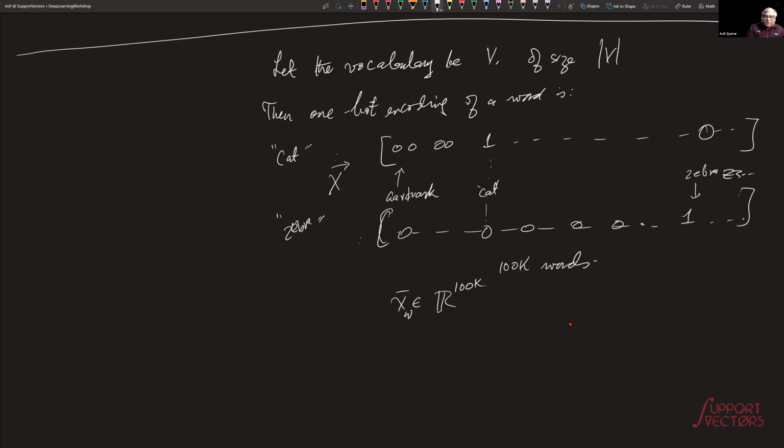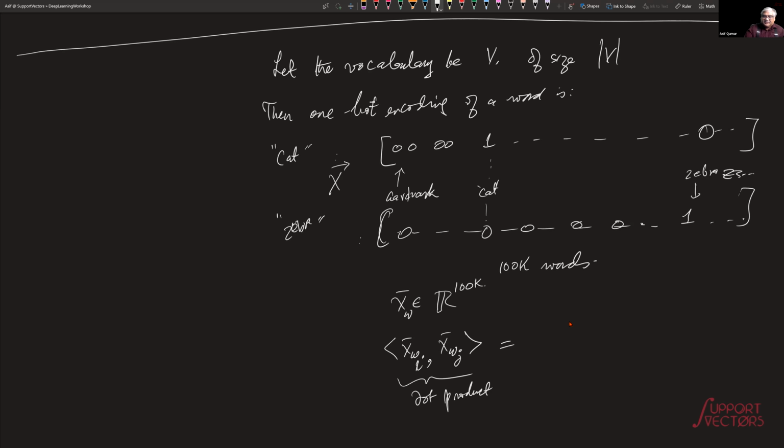Now, there is another problem. If you take any two words, word i and word j, what is the dot product, or the distance between these two words?